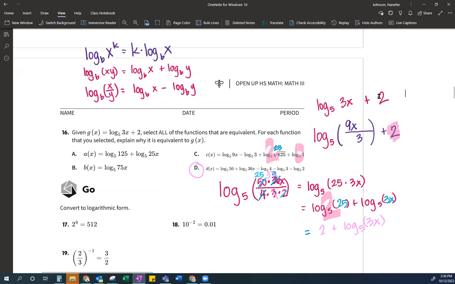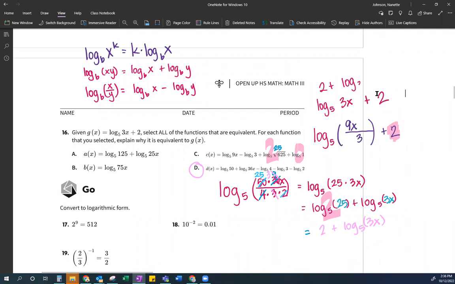But Ms. Johnson, the +2 doesn't belong in there? No, because the +2 is outside of it. That's why I won't usually write it like this, because it confuses people. I'll write it very obviously, so that it says 2 plus log base 5 of 3x.